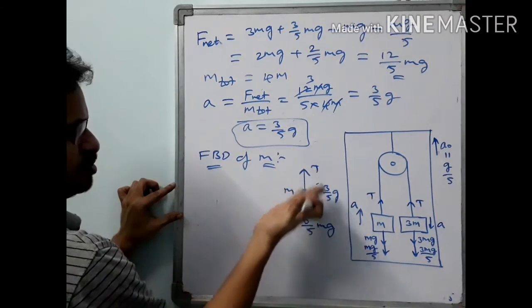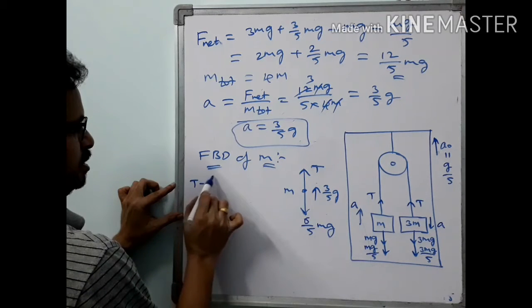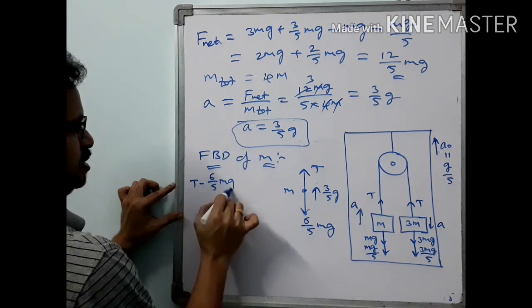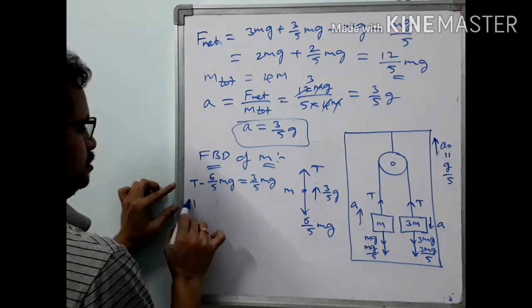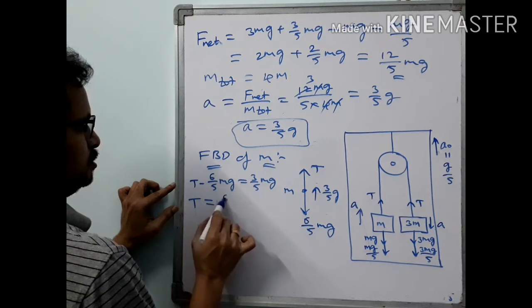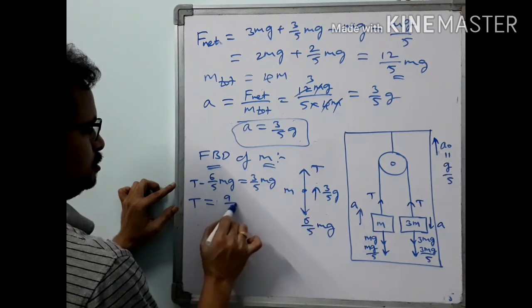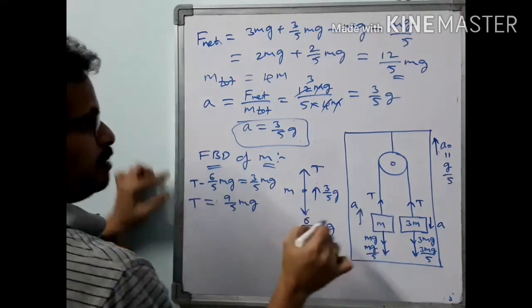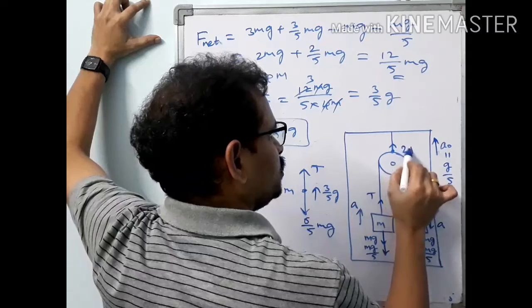Upward acceleration means this force is greater than this force. So T minus 6 by 5 mg equal to 3 by 5 mg. T equal to 6 by 5 plus 3 by 5, 9 by 5 mg. But here how much force is acting on the pulley? 2T.